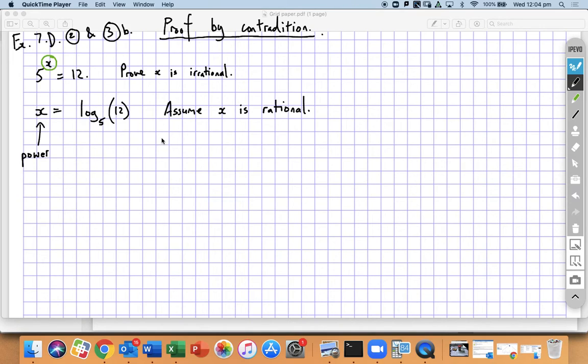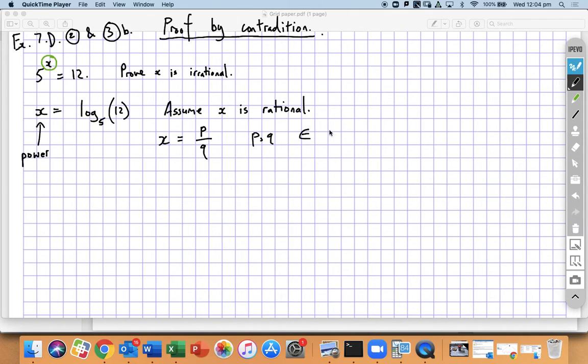To say that x is rational, what does that mean? To be expressed as a ratio or a fraction? I think the book's using p's and q's again, yep. But we've got to be very clear on how we're setting this up. So p and q are both integers, right?